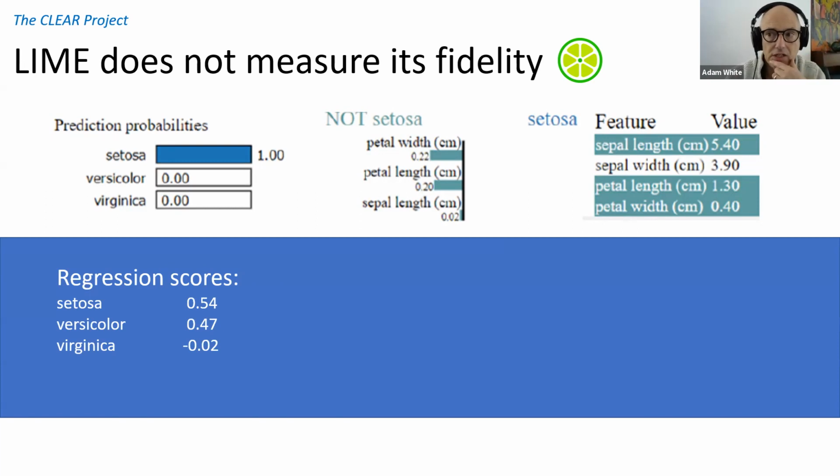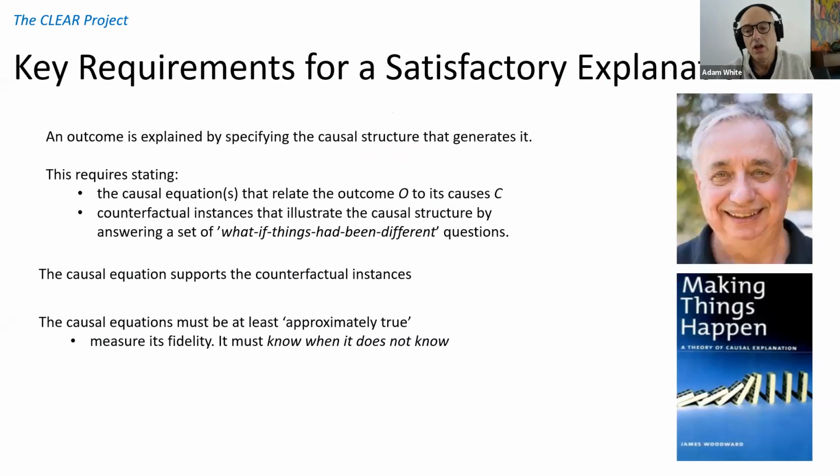And in doing this, we turned to the work of a philosopher of science, James Woodward, who in his seminal book, Making Things Happen, stated that an outcome is explained by specifying the causal structure that generates it. So when thinking about explainable AI, the causes are the input features to the system, and the effect is the classifier's prediction.